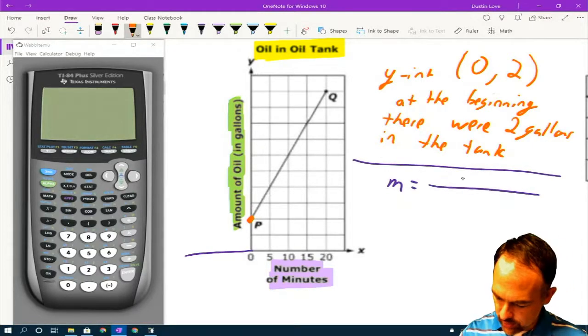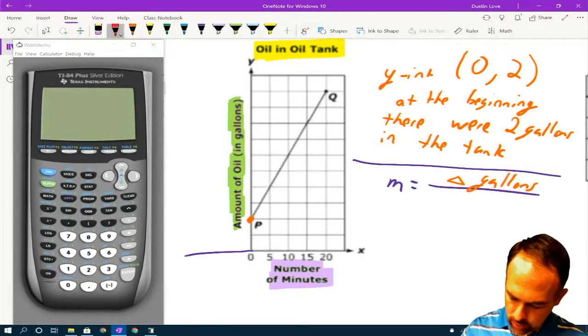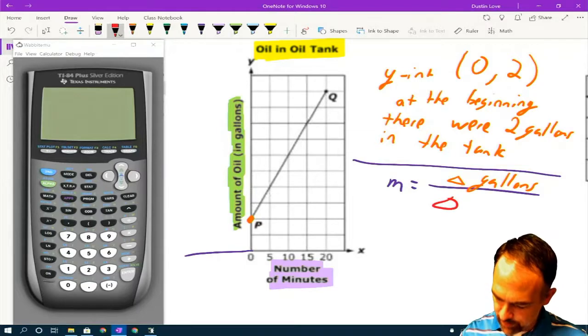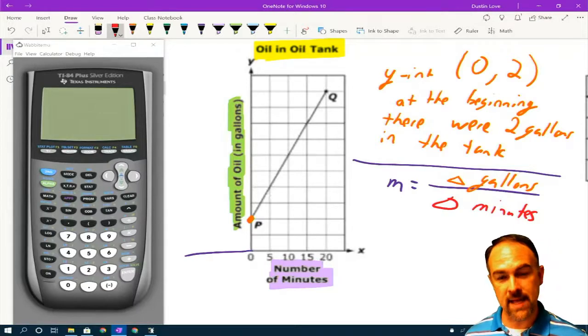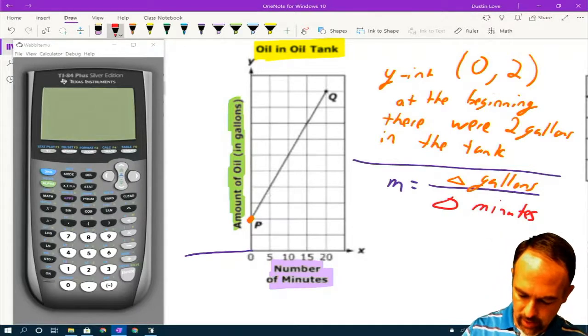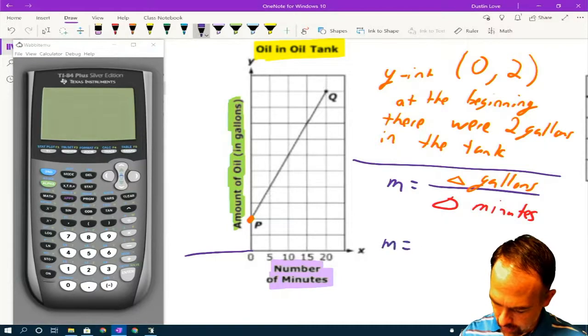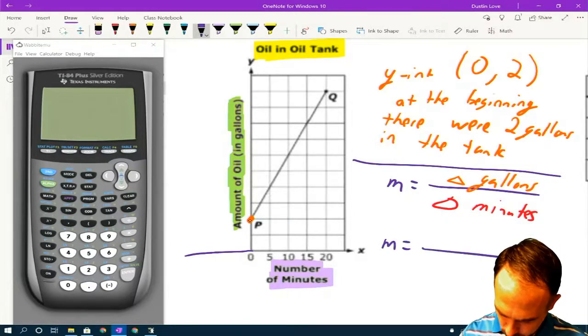This is going to be change in y, gallons, over change in minutes. So that's, I guess, the rate at which we're filling the tank over time, how many gallons we're putting in per minute.